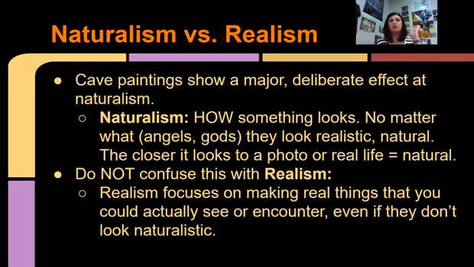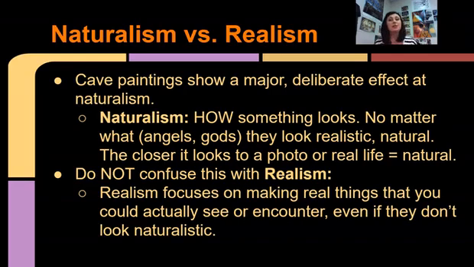So it's like stripping off all the makeup, stripping off all the filters, and just going with how does somebody naturally look? How does it naturally appear if you were to look at it, all right? And in these cave paintings, all of them, we see this deliberate, on purpose effort to make them look extremely natural, like how it would look if you were actually looking at them.